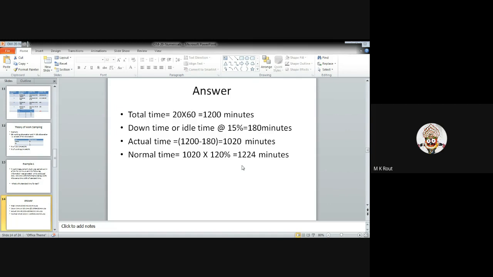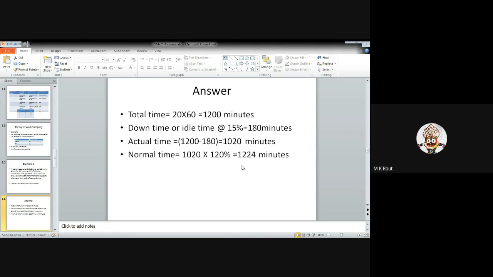That should be directly deducted from the total time. Then the third point I have written: the actual time equals 1200 minutes minus 180 minutes, that equals 1020 minutes. This is known as your actual time. Is it clear to all?